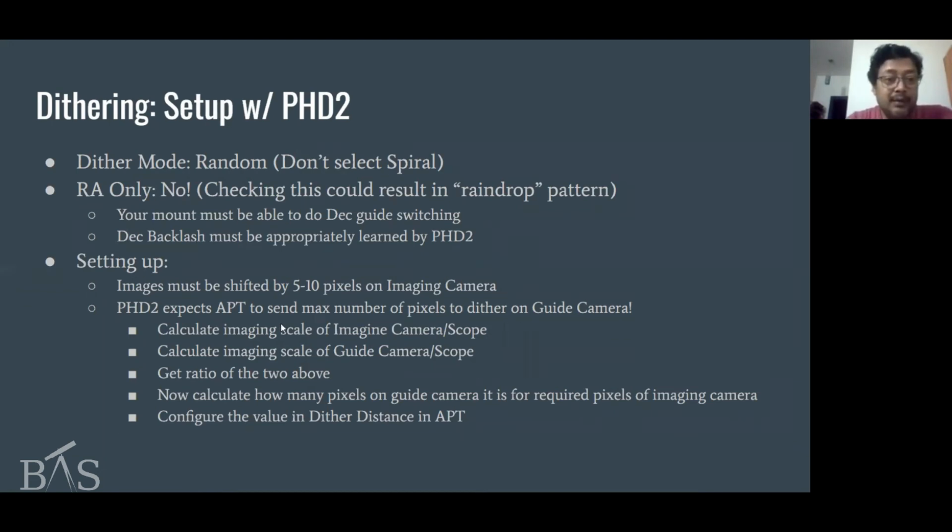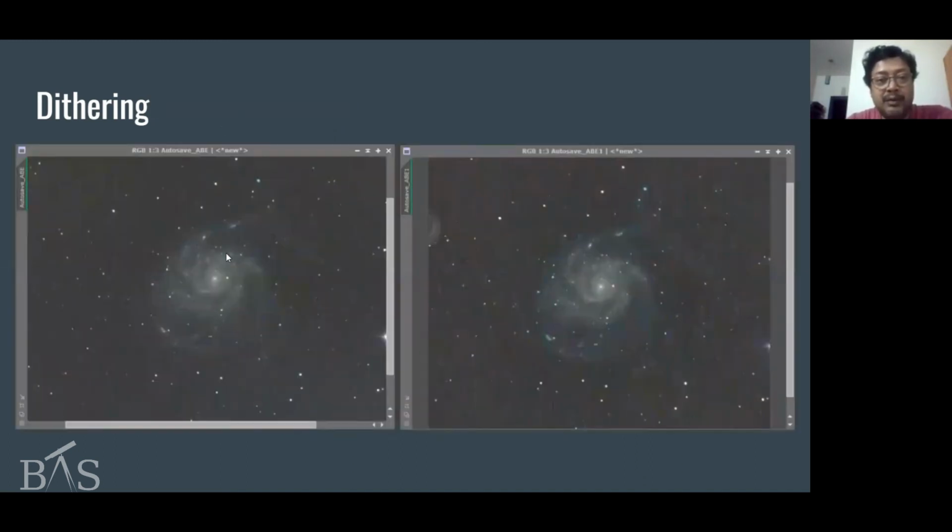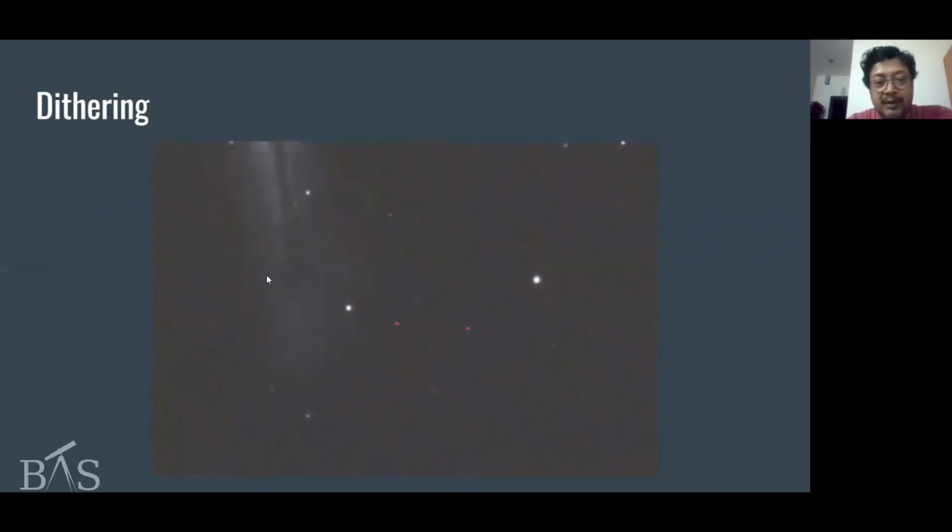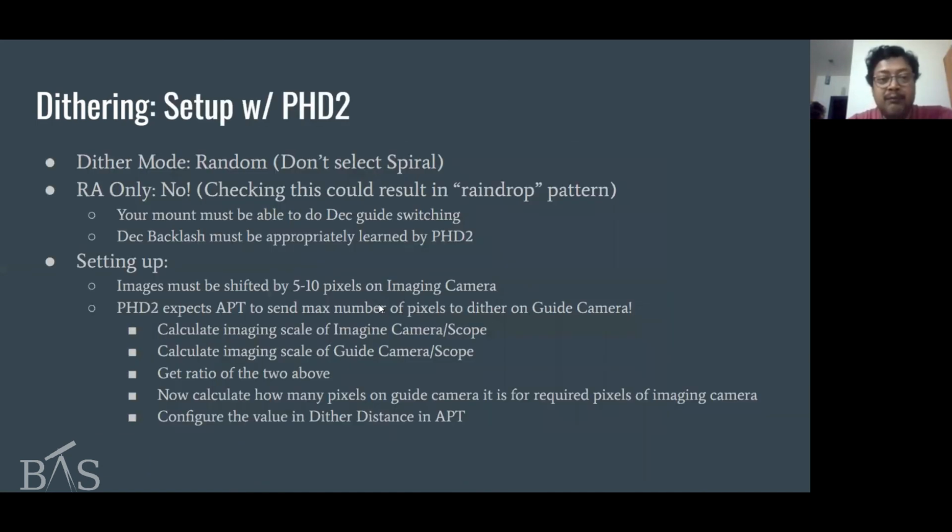Okay. So typically, how many pixels should we move around? You can see here that it seems to be moving by quite a lot of pixels. You can make out this is not just 1 or 2 pixels. For a DSLR or CMOS kind of camera, it is recommended around 5 to 10 pixels on the imaging camera, remember. But the actual dithering is done by PHD2, and it only knows the guide camera and guide pixels, the guide camera and the guide scope.